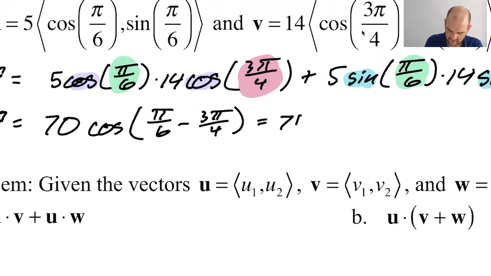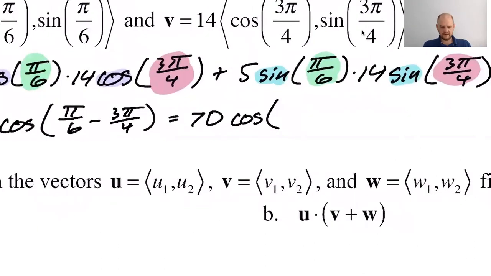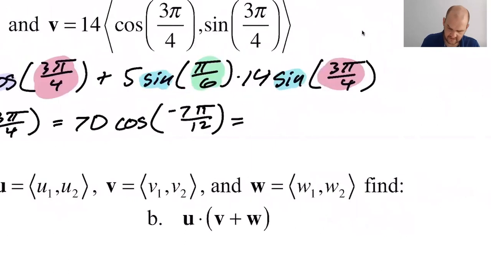Which is 70 times the cosine of, with a common denominator of 12, 2 pi over 12 minus 9 pi over 12, so 2 minus 9 is negative 7 pi over 12. But cosine's even, so I'm going to say it's 70 cosine of 7 pi over 12.